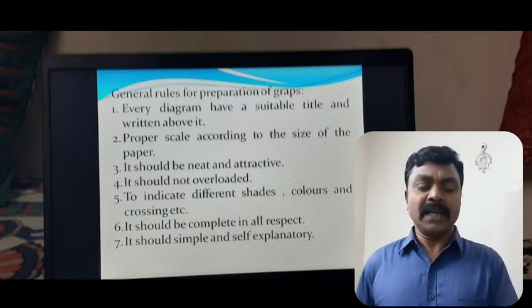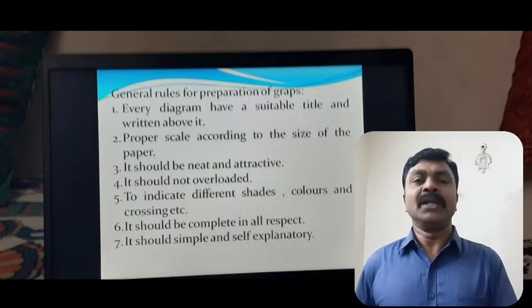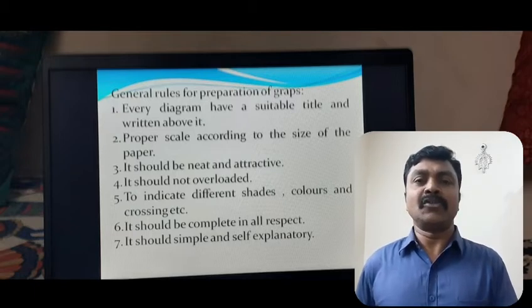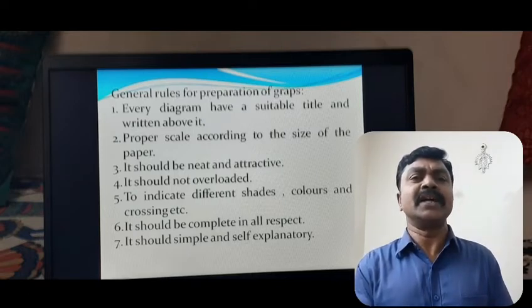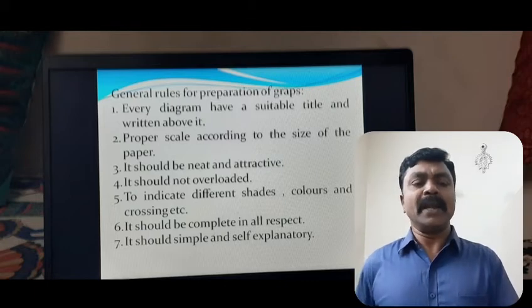Another rule is that an index indicating the different shades, colors and crossings should be shown clearly. Whatever color or shading you use, put some indication so that everyone can understand. Another one is that it should be complete in all respects.